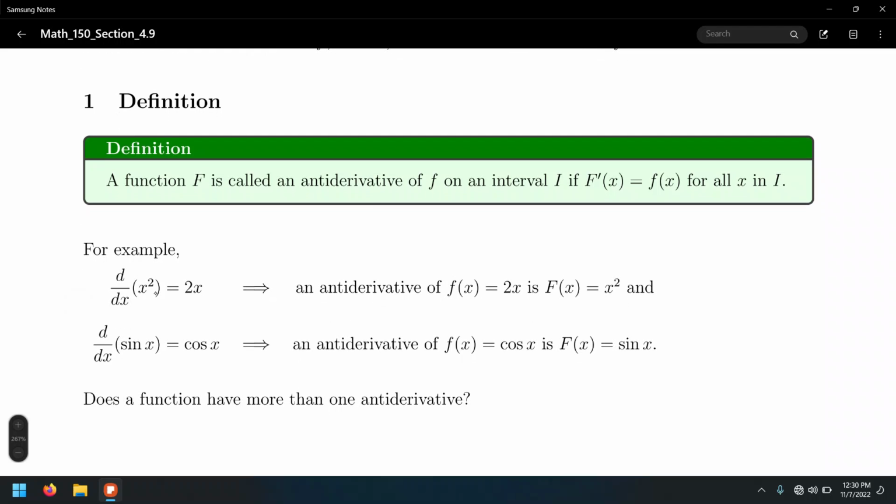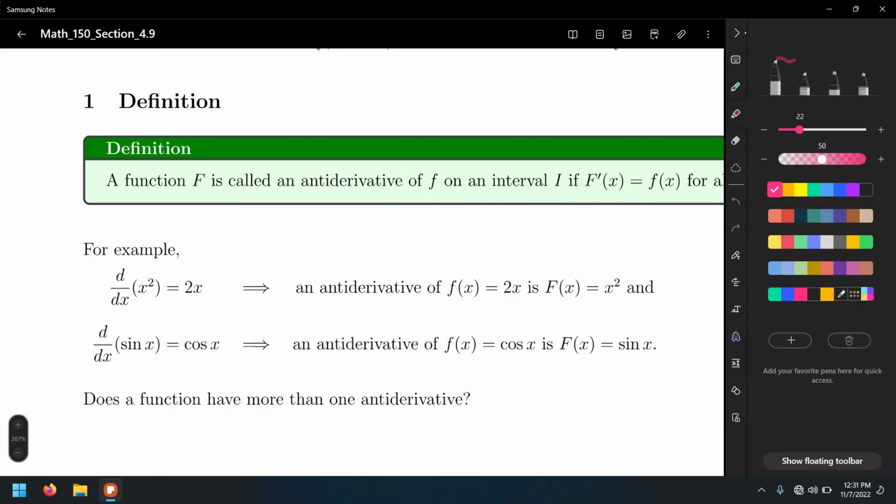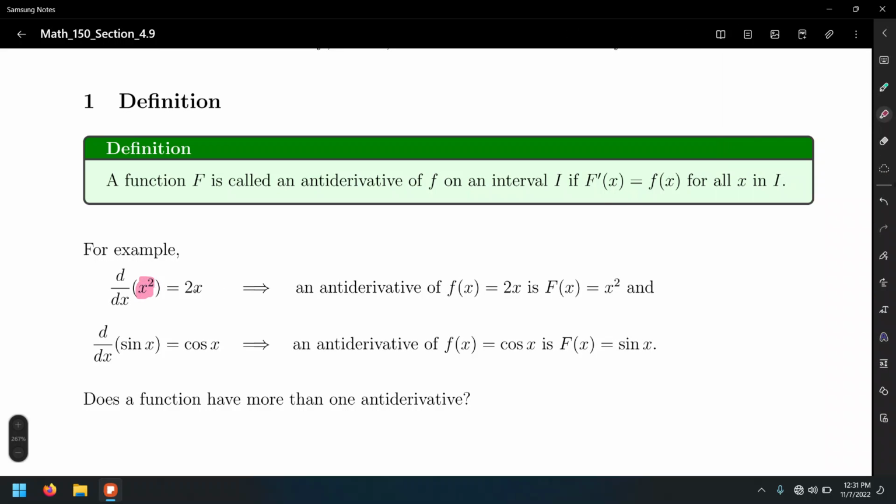If the derivative of x squared equals 2x, that means if we are given 2x, its antiderivative will take us back to x squared. So in other words, we're given 2x, they're asking us for the function whose derivative is 2x, and we need to think backwards. For a few minutes we will have to think backwards, but that's not going to be easy every single time.